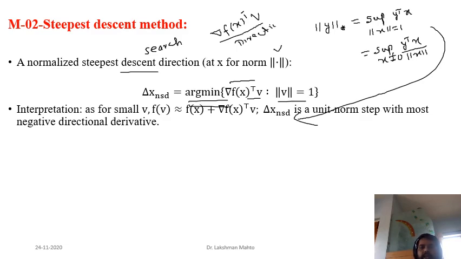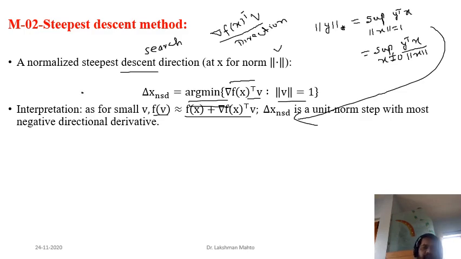Also, you can talk about a steepest descent direction as the minimum argument of the directional derivative at point x. So how can we visualize the interpretation? Suppose we are taking v as a very small step. Then we can observe that in the neighborhood of x, the functional value f of x plus v would be very near to this linear approximation, f of x plus the dot product of the gradient with v. v is just in the neighborhood.